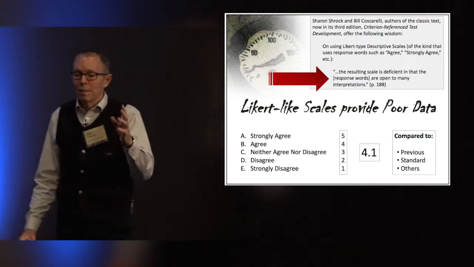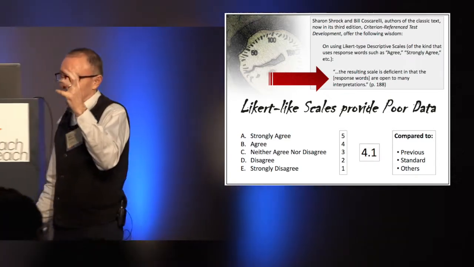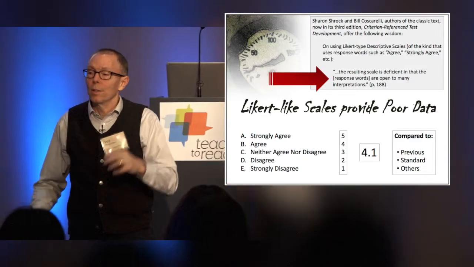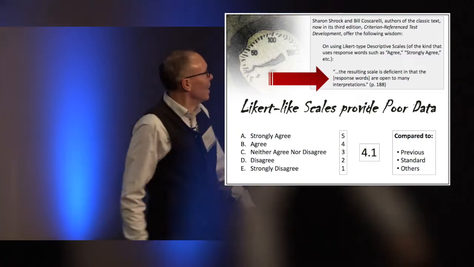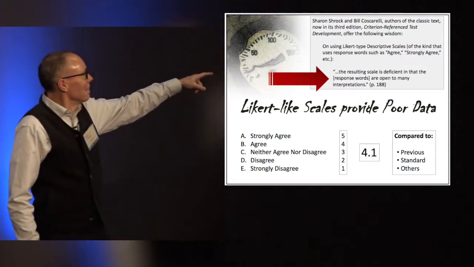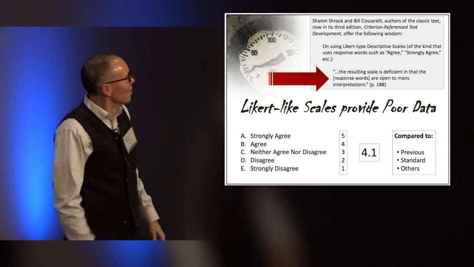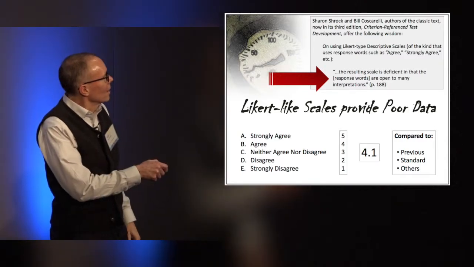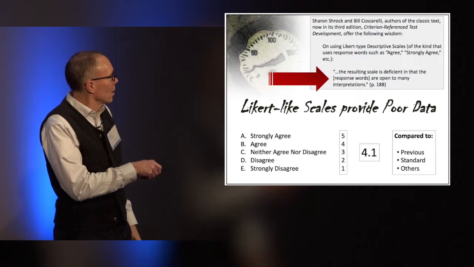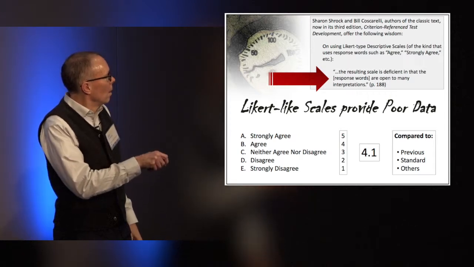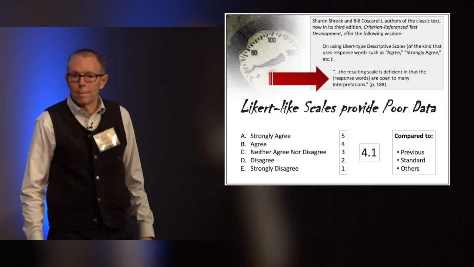Now, Sharon Shrock and Bill Coscarelli, who wrote the classic text on criterion-referenced test development, said this on Likert-like scales: the resulting scale is deficient in that the response words are open to many interpretations. They're fuzzy.